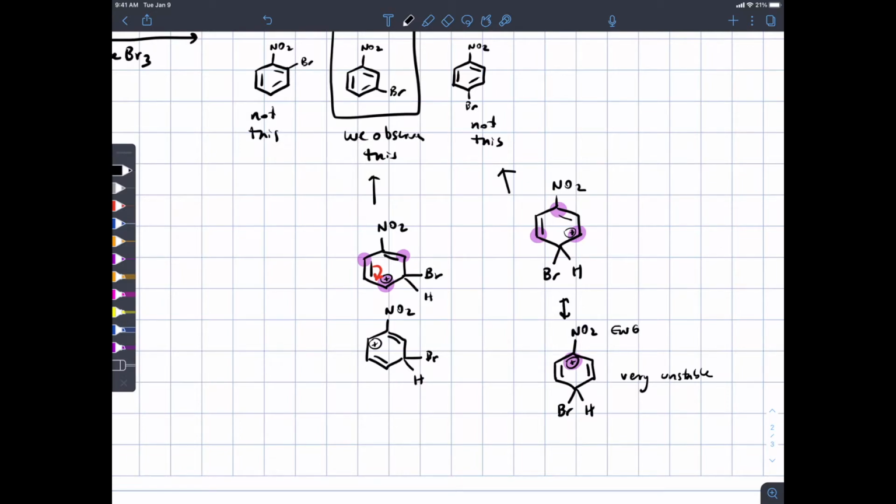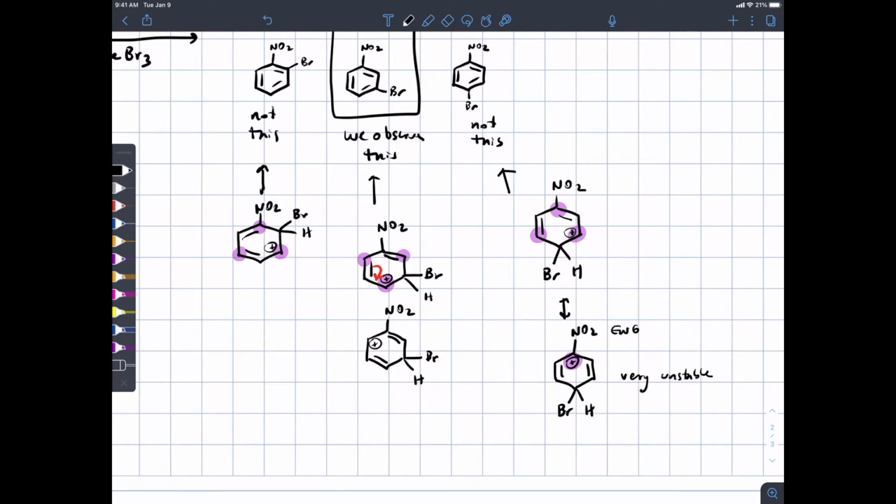The same would be true for the ortho substitution intermediate. If we put the Br on the ortho carbon, again, we have a situation where that positive charge is delocalized, and in one of the resonance structures, it would be adjacent to the nitro group.